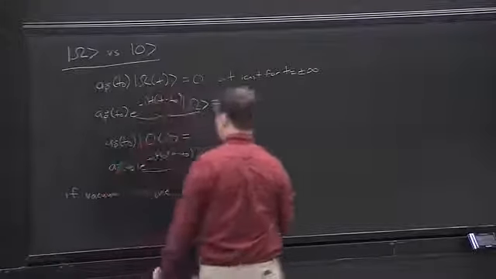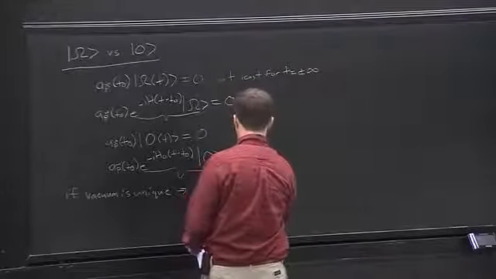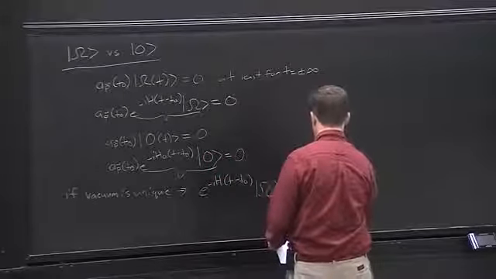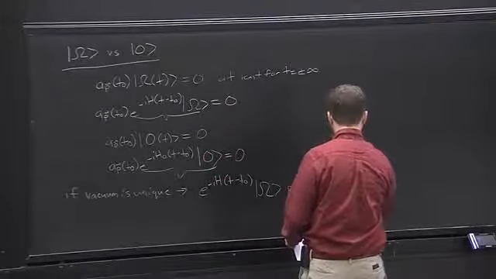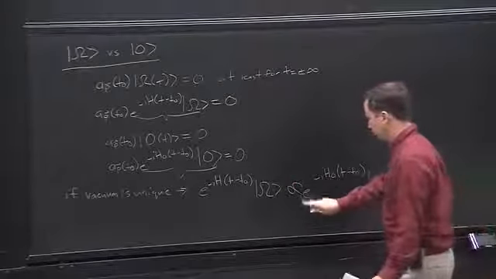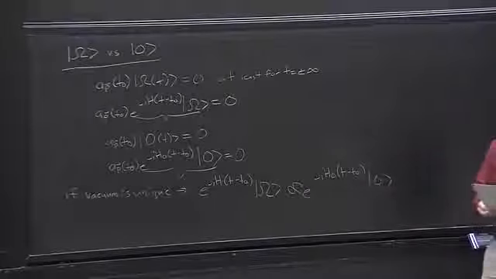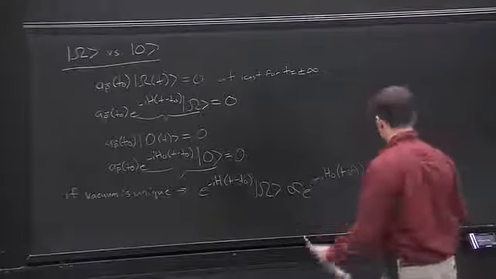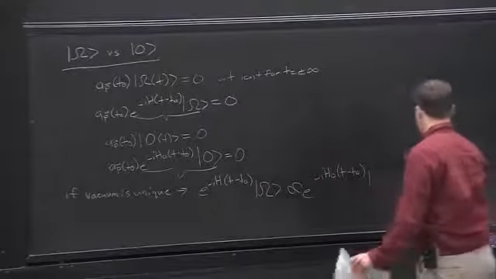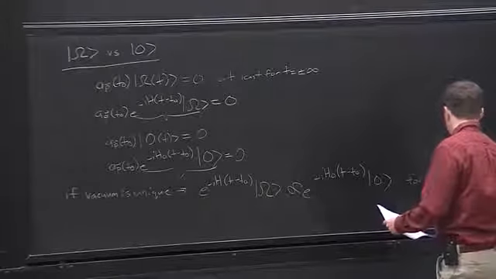Then we should have that e to the minus i H (t minus t0) Omega is proportional to e to the minus i H0 (t minus t0) |0>. There might be some normalization constant that's different. Well, we only assumed that this was true for t going to plus or minus infinity, so this will only necessarily be true for t going to plus or minus infinity.